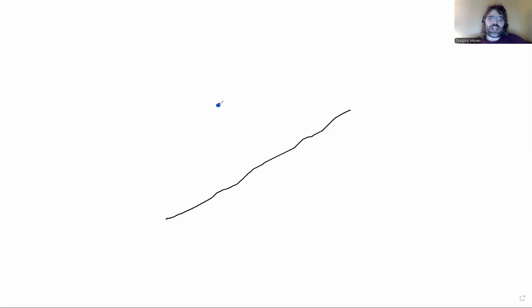Well, you can project the point orthogonally onto the line. You can create a right angle like so. And now this point here is the projection.